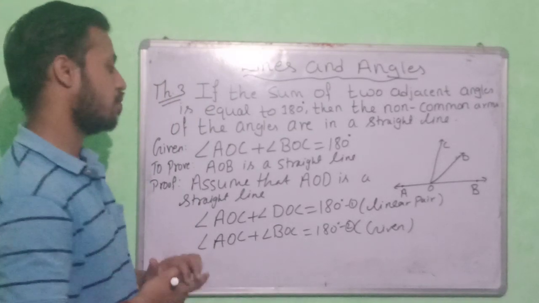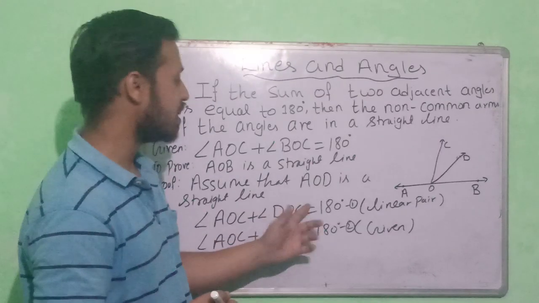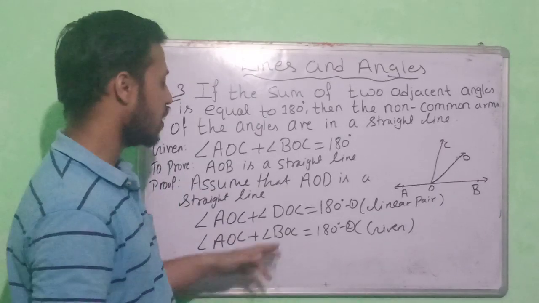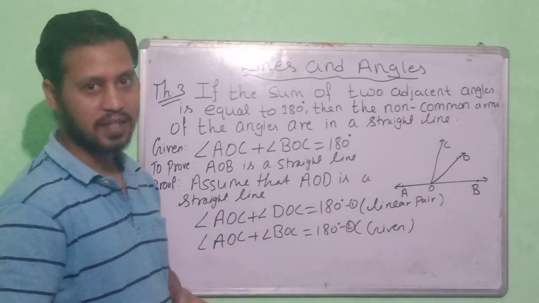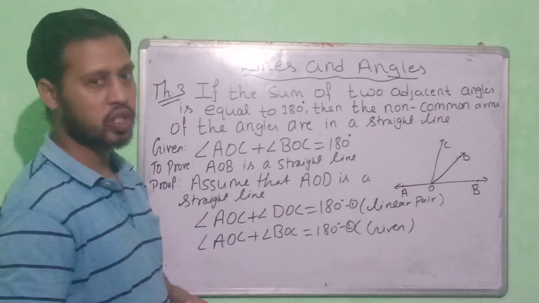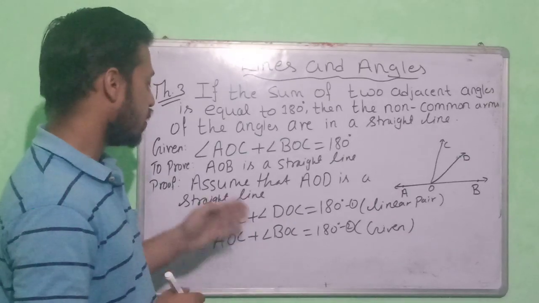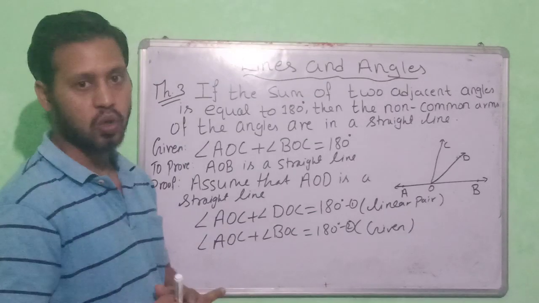Now students, if the right hand sides of any two equations are equal, as you can see the right hand side of the first equation and the right hand side of the second equation are equal, then their left hand sides will also be equal.